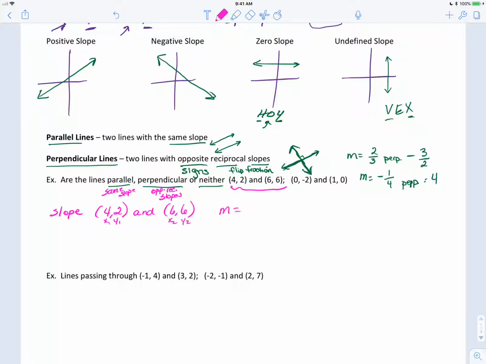So m is equal to y2, which is 6, minus y1, which is 2, over x2, which is 6, minus x1, which is 4. So 6 minus 2 is 4, and 6 minus 4 is 2. So 4 divided by 2 is 2. So that one has a slope of 2.